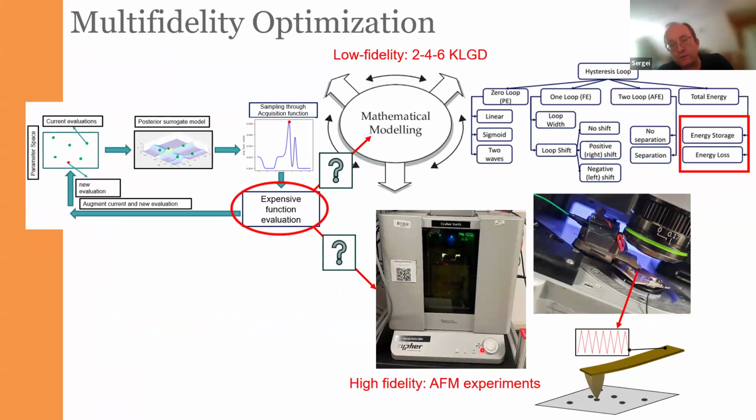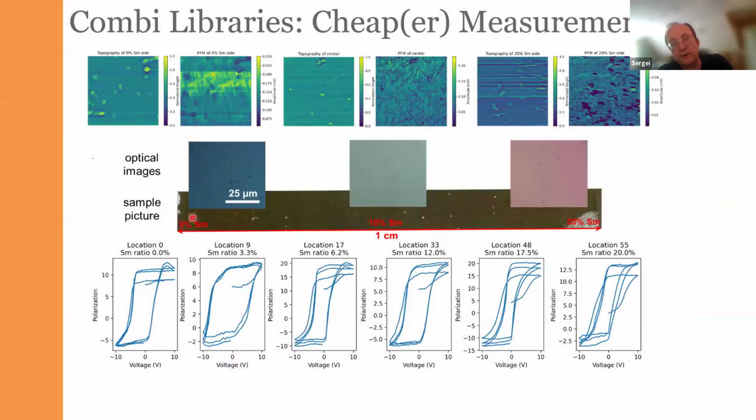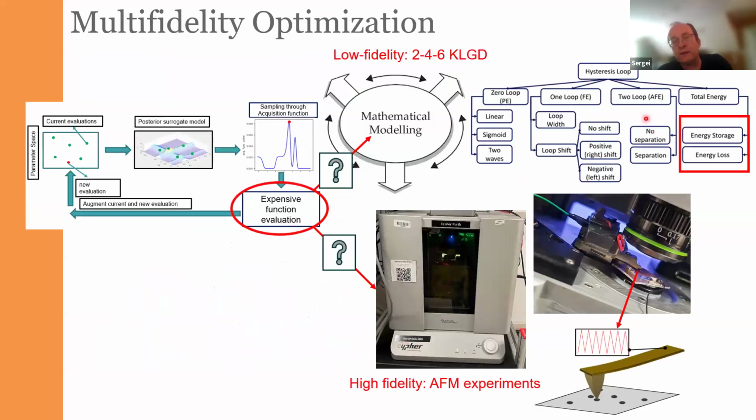Because the properties of the combinatorial library, in principle, are determined by some form of the Ginzburg-Landau theory. So can we use the computation as the way to help us choose the locations for the measurement? And here the behavior is tricky, because if the computation could exactly reproduce the experiment, we wouldn't even need to do the experiment. So then we already know everything.